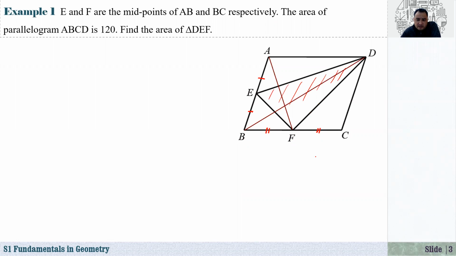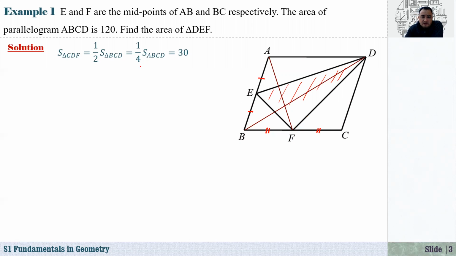And also, the area of CDF is half of the area of BCD, and BCD is actually half of the parallelogram.